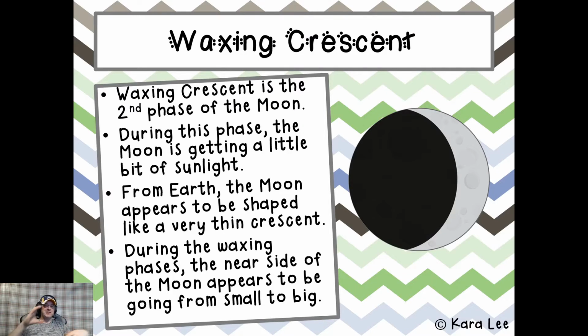If you've ever seen a croissant, it's that little C shape. Same thing with the waxing crescent. Croissant, crescent. During the waxing phase, the near side of the moon appears to be going from small to big. Anytime you hear that word waxing, that means the part that you can see is getting bigger. So you wax on with the right side.